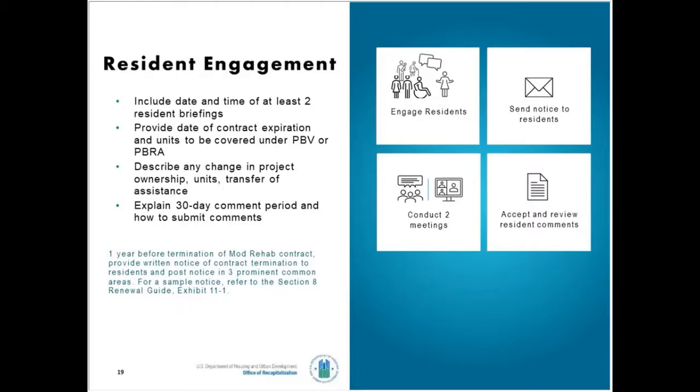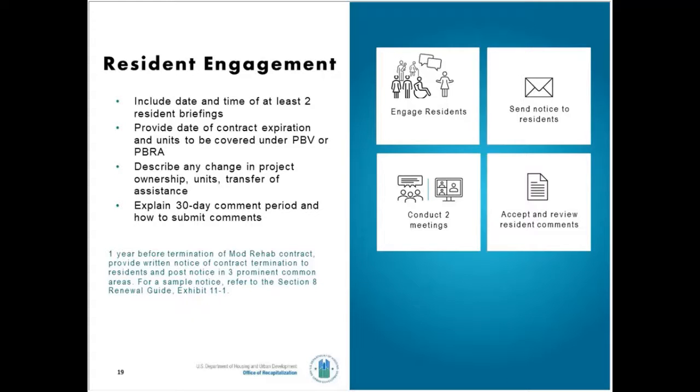In that notice, you'll say if you're going to pursue a PBV or PBRA contract, and describe any changes that the conversion may involve, like change in ownership, changes to the units, etc. And then you will also explain that the tenants will be given a 30-day comment period in which they can submit questions and concerns that they may have. You will provide them with the instructions on how to submit these comments and questions.